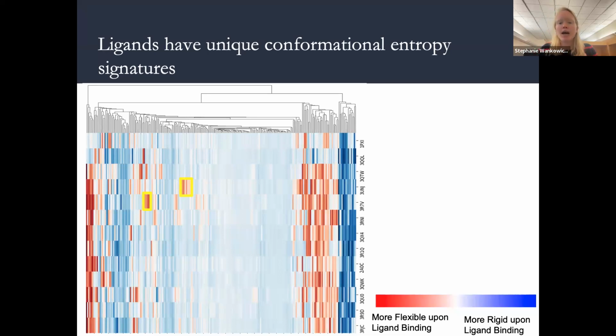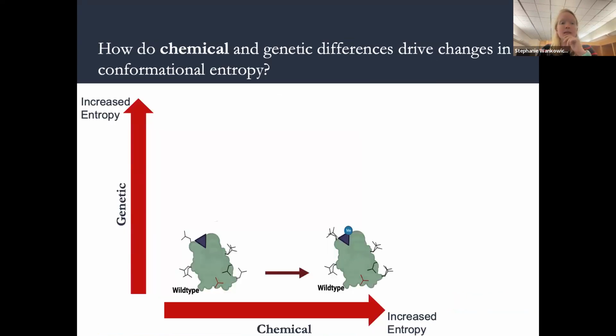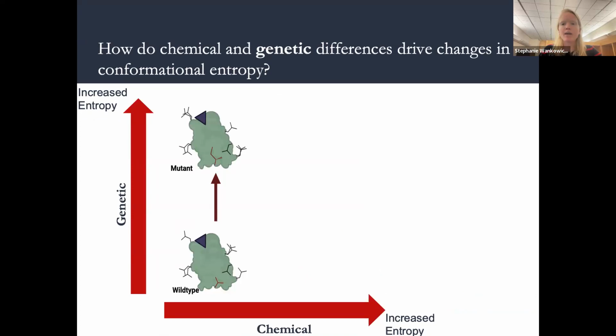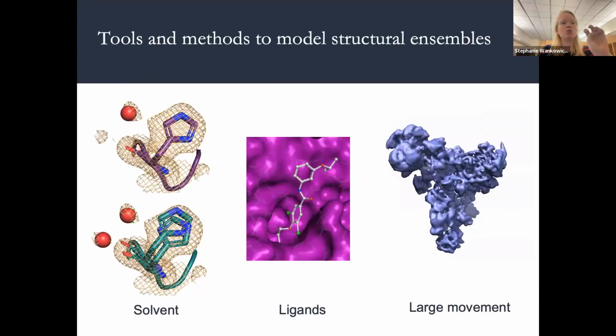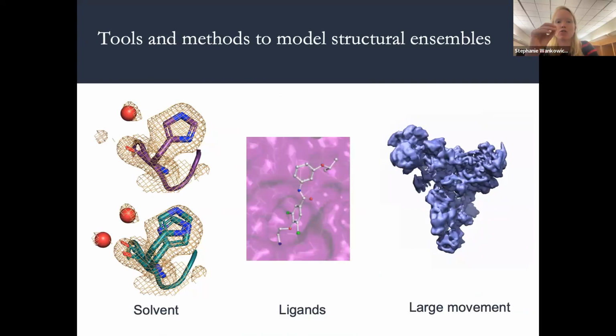And so my lab is really focused on how chemical and genetic differences cause changes in conformational entropy. But to get there, we have to improve the tools and methods to model structural ensembles.